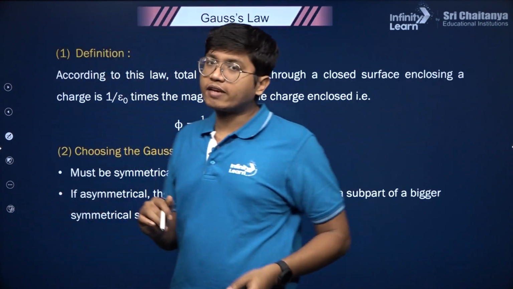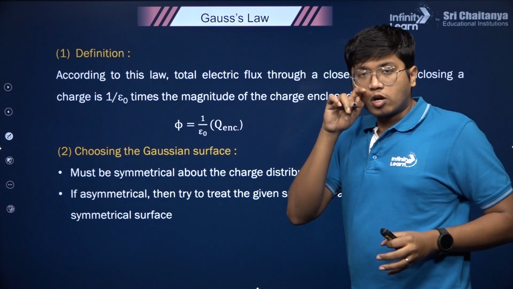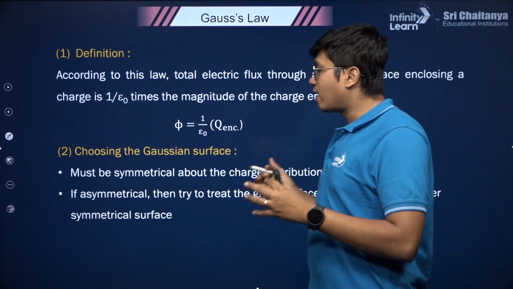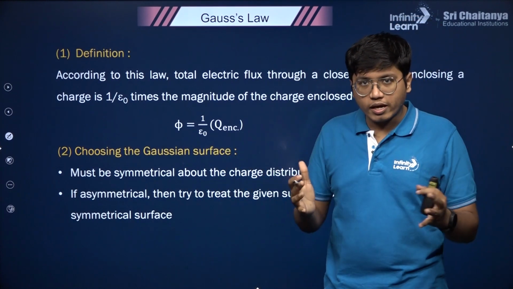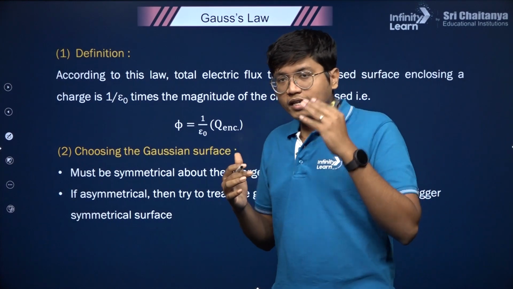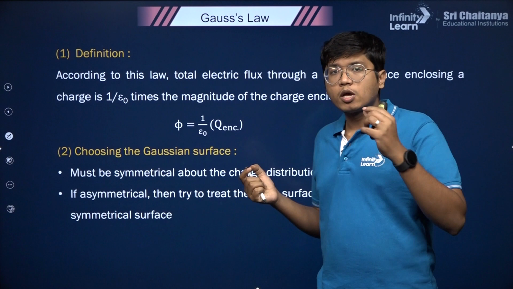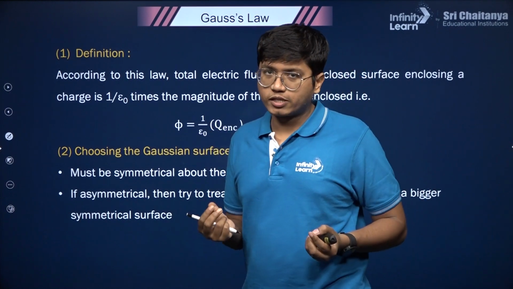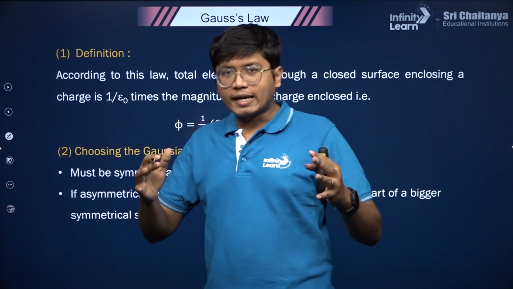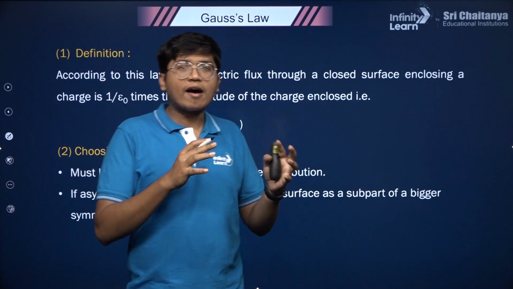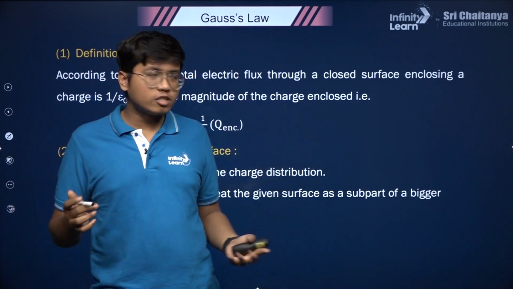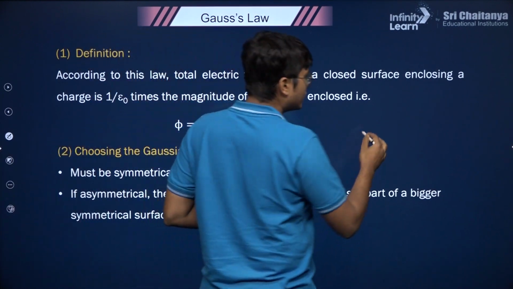The next method is given to us by Gauss Law, because Gauss Law says that the electric flux linked with any closed surface, a closed volume, is equal to 1 by epsilon naught times the charge enclosed in there. So it's the total enclosed charge, which means you have to add up all of the charges in there. I'll not go over this in detail.